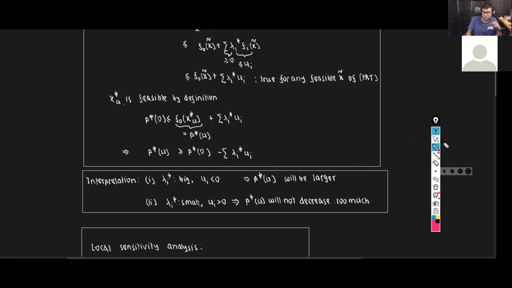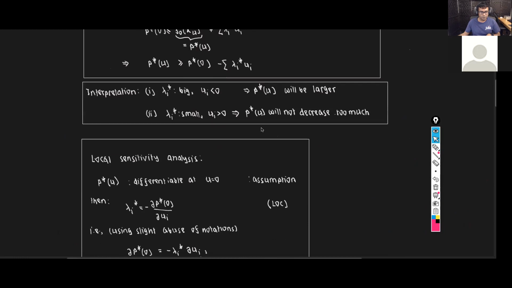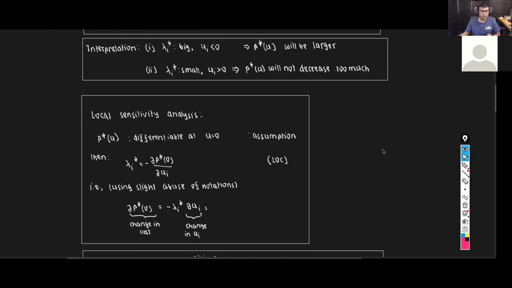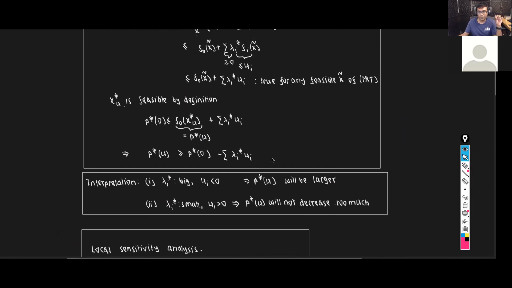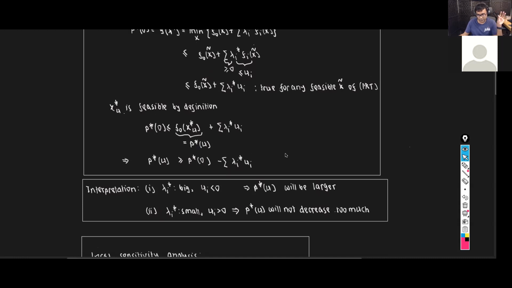If you don't have any questions, now I will talk about local sensitivity analysis. The global one is very global in the sense that it's not telling us anything about how much we perturb. The perturbation could be very small or very big.